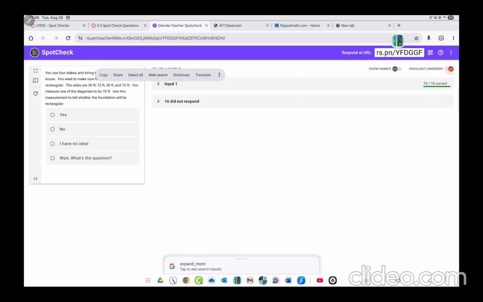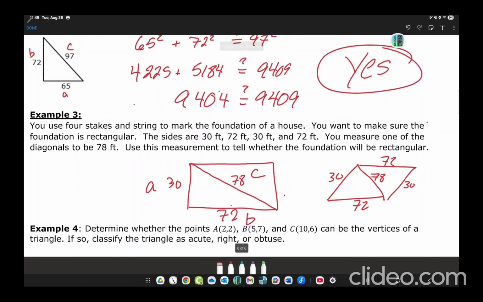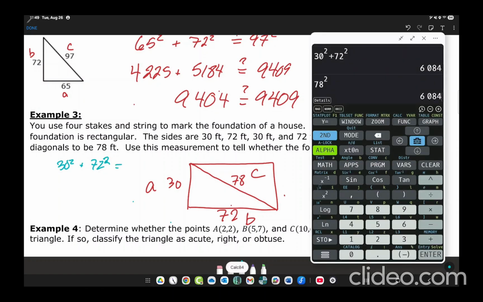Yeah, the answer is what? So if you run this through 30 squared plus 72 squared, again, you can actually just type that in your calculator to get what I got, which was 6084. 6,084.